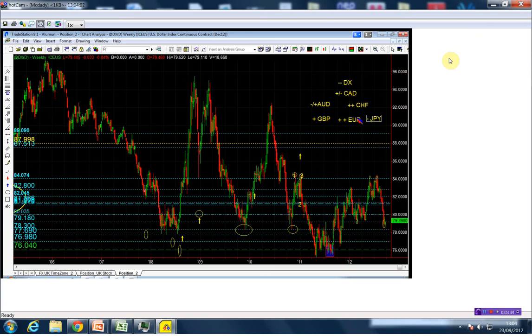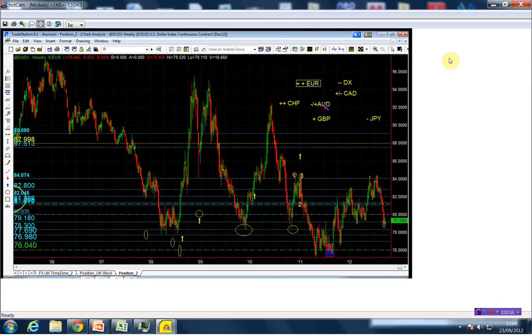For example, there is no reason for us to buy the euro Swiss. Both of them are particularly strong, even though they are linked together. But I can go long the euro dollar, because the euro is going up and the dollar is coming down.